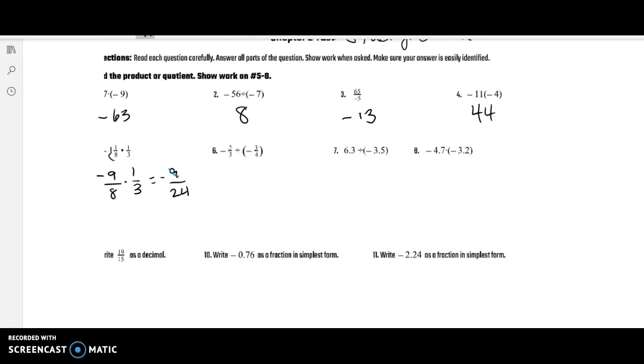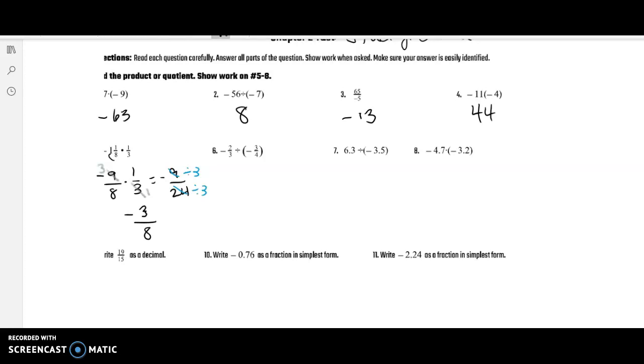And then we're going to simplify this by dividing by 3, and we get negative 3 over 8. You could have done the same thing by cross simplifying. So this divide by 3 and we get 1, divide by 3 and we get 3, and you would have gotten the exact same answer.